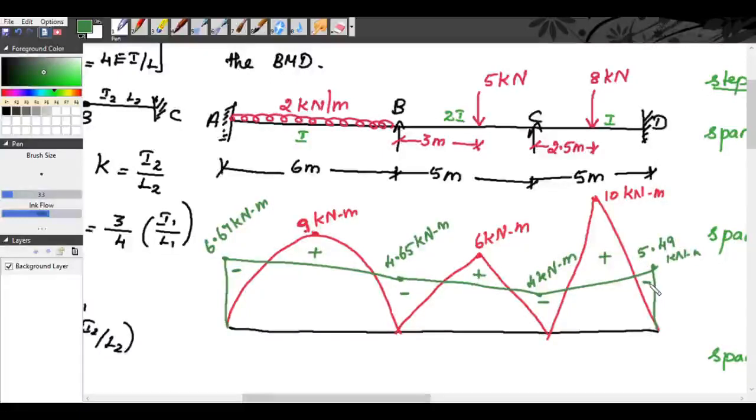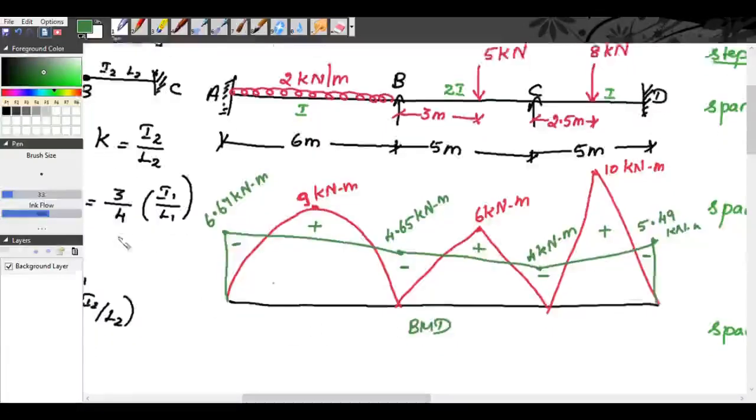See, at the supports we have negative bending moment, that is hogging bending moment. And at the center of the span we have sagging bending moment, that is positive bending moment. That is the meaning of that. So this is our bending moment diagram.